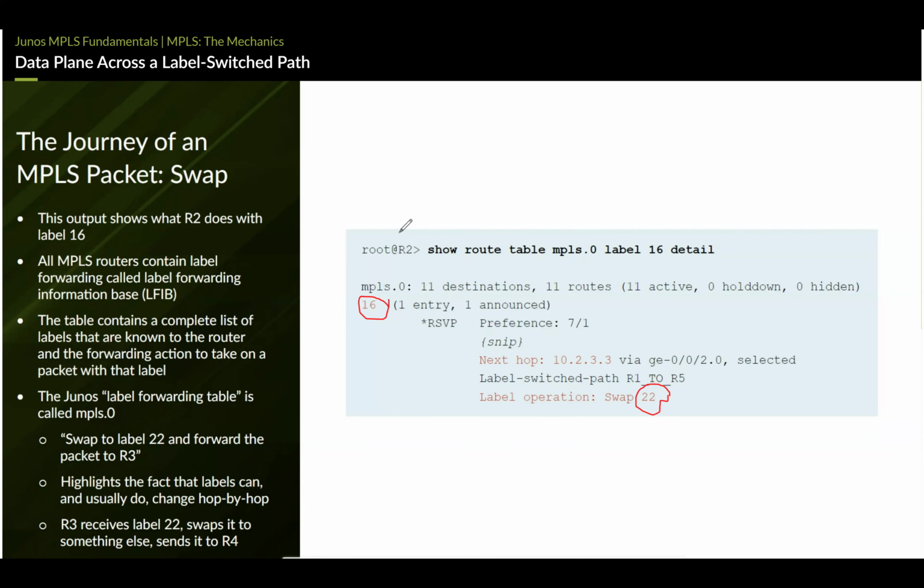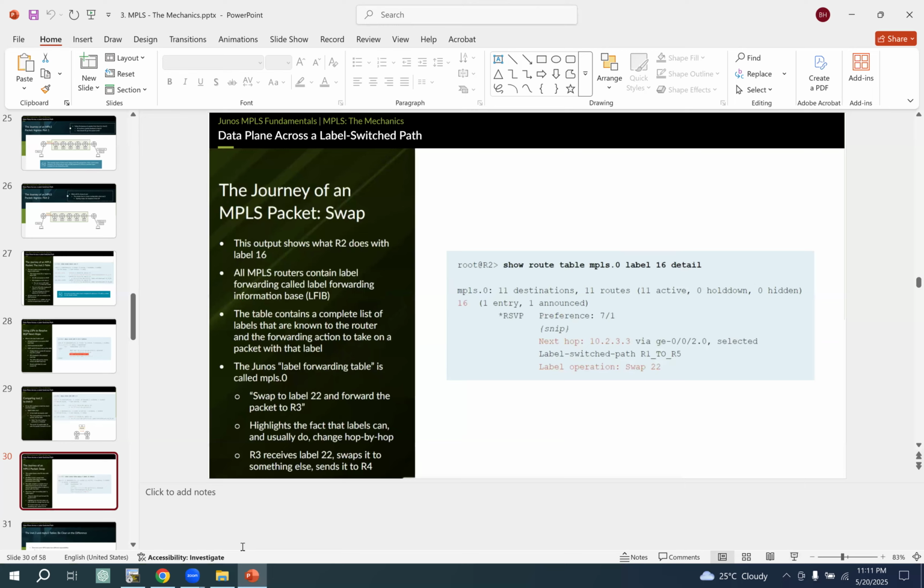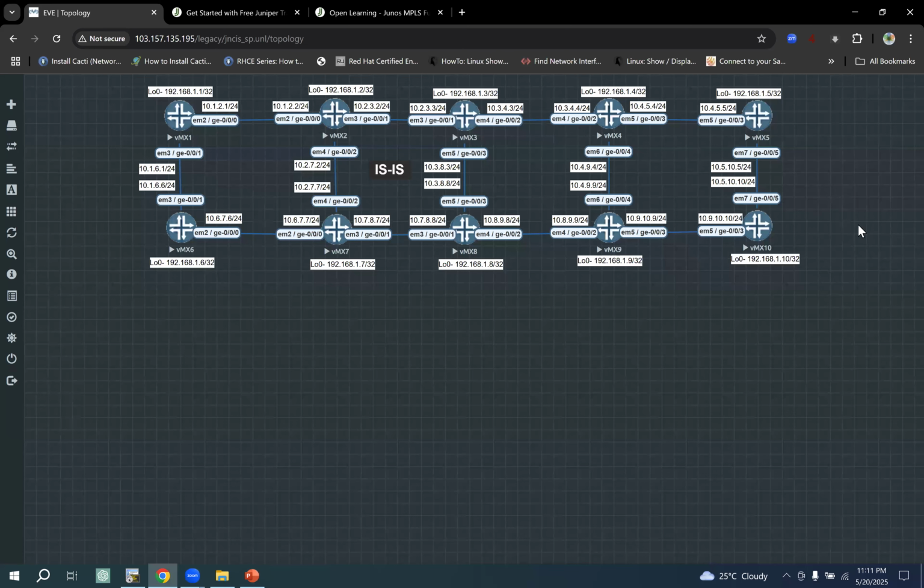So router 2 receives the incoming label from the left and sends another label to the neighbor router. In our topology, router 2 is the transit router, and the swapping operation happens here.